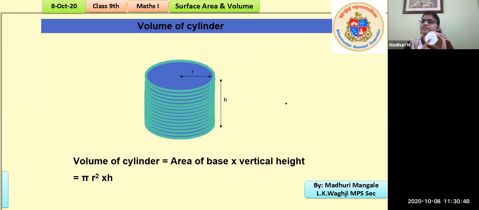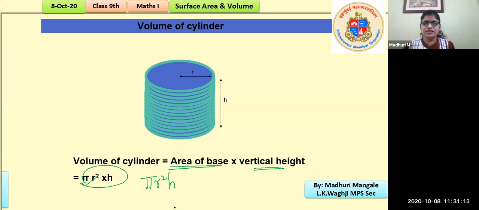So we will start with the area of the base, that is the area of the circle. So the area of the circle is pi r squared, right? So as you can see here, we start with the area of the base, that is pi r squared, and we are going to multiply with the height, that is h. So multiplying this together, we get the formula to be pi r squared h.